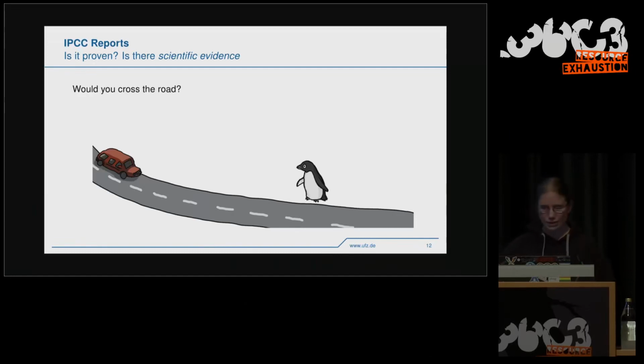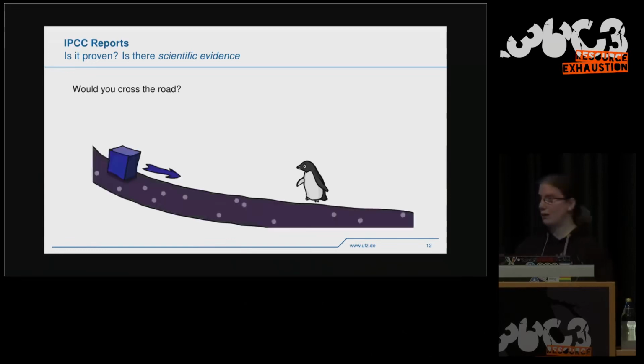We know something about traffic, and that is pretty dangerous. So let's change the factors a little so that we don't know so much about that situation. Let's say a cube approaches us with a high velocity on something that is maybe not a road. Would you still cross? And the answer is you still probably wouldn't.